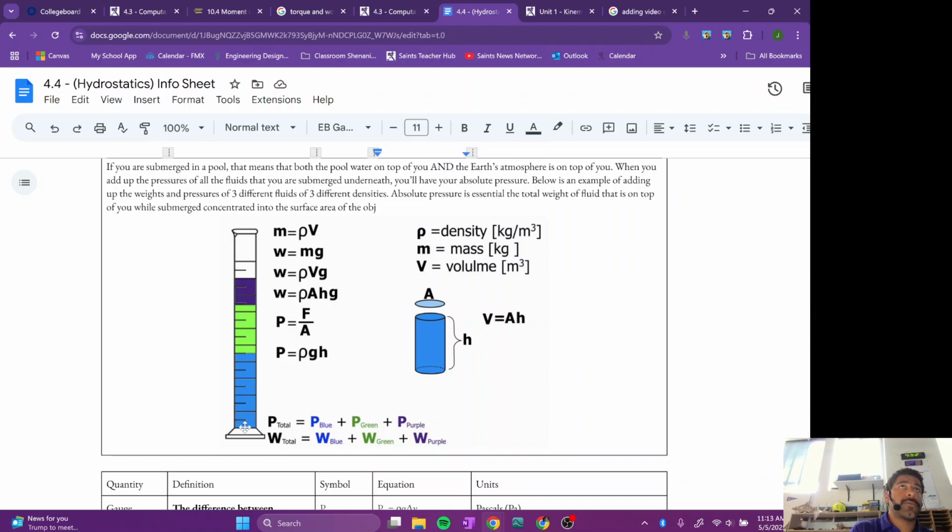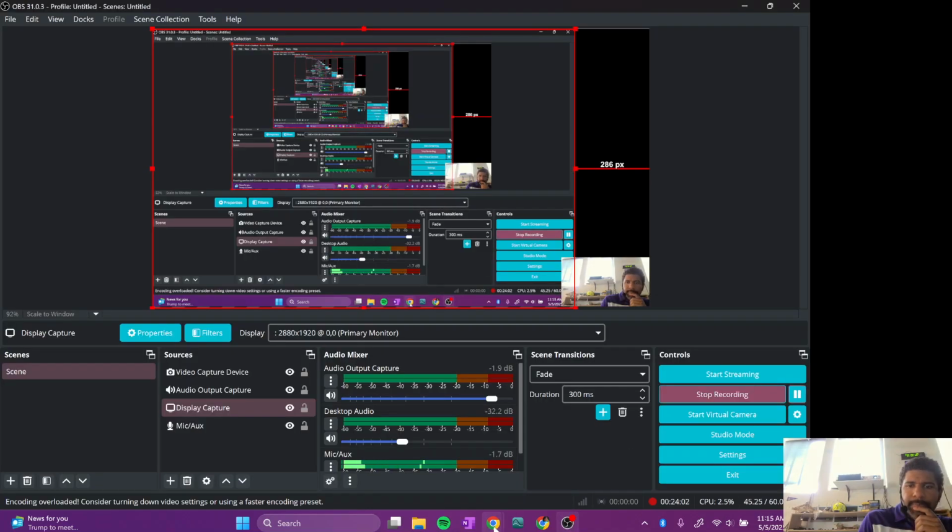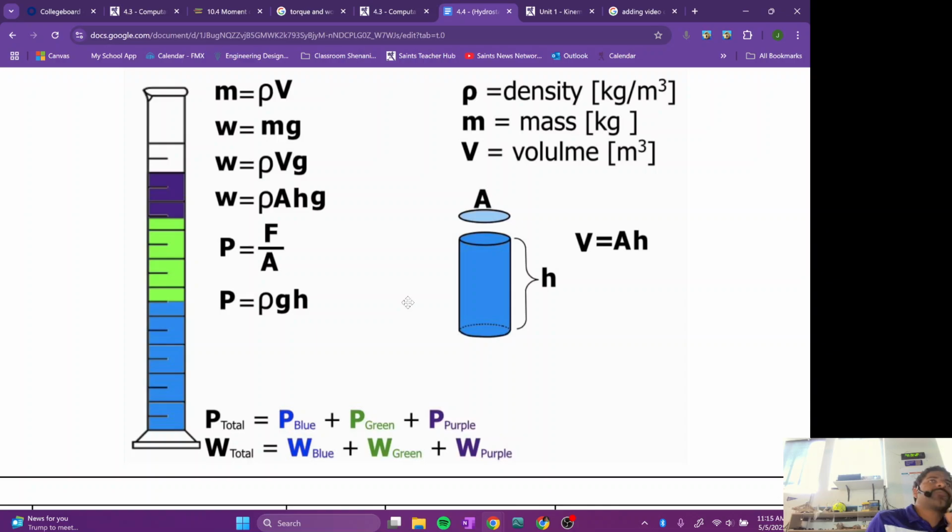If I were at the bottom of this beaker, how could I figure out the pressure that I am experiencing using the weight of different fluids? How can I talk about the pressure I'm experiencing from the weight of these other fluids? And what are the forces I'm experiencing?